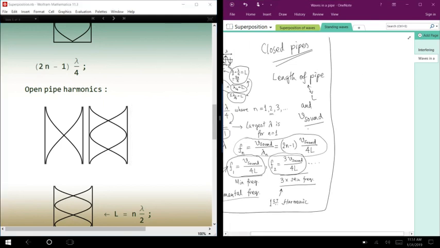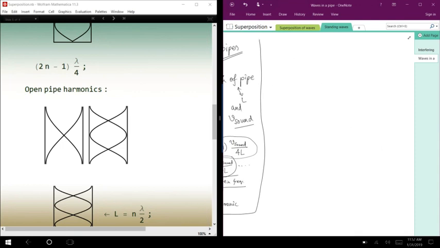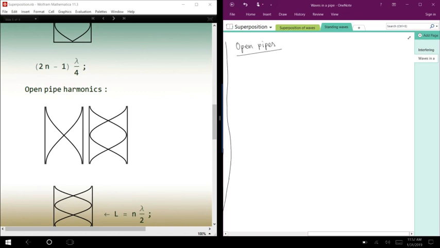Okay, so let's now talk about open pipes. Open pipes are very similar, right? The idea is very similar. We'll have standing waves, and in order to form the standing waves, again, we will need two waves that are traveling in opposite directions.